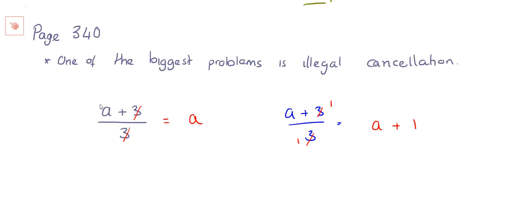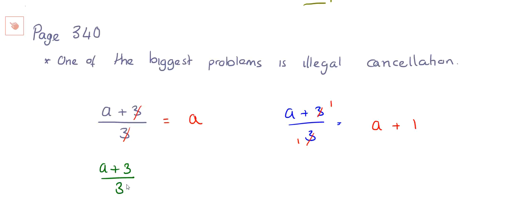So that's what we're looking for. And if we look at a plus 3 and 3, well, is there any common factor in a plus 3 and 3? Well, no, you see, because factors are only what you get when you multiply. 1. Right? Exactly. The only common factor in this is 1.